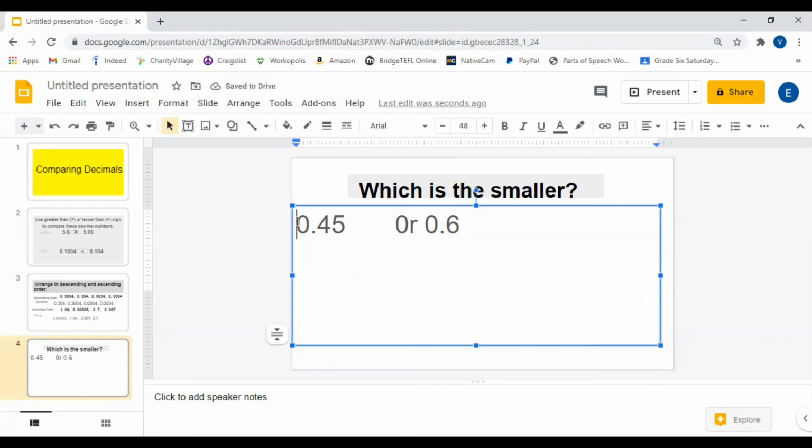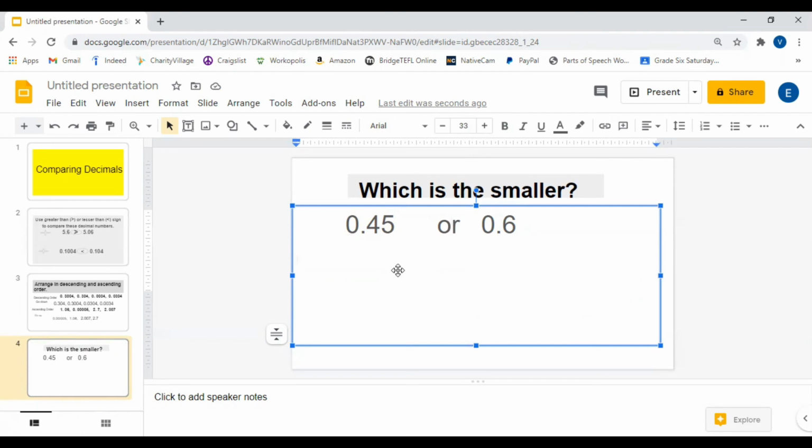Guys, it's easy. Now, I'm just going to show you another method which you can use. You have other methods that you can use. But you have here 0.45. You know that both numbers start with a 0. Then you have 4. And 4 is smaller than 6. So definitely 0.45 is smaller than 0.6.